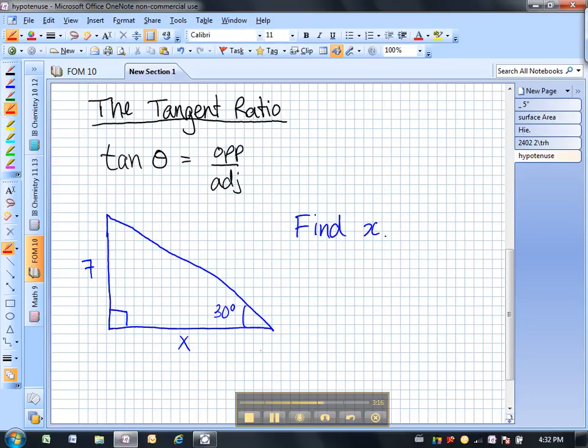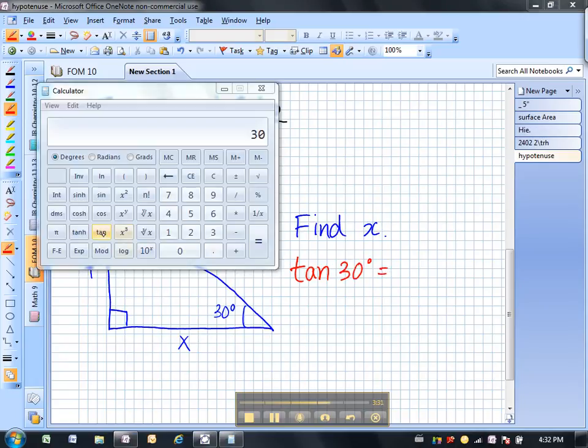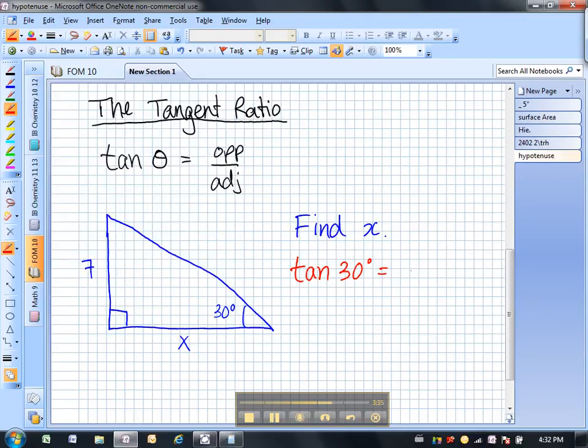Okay, so to find x, we can use that tangent ratio because we know that the tangent of 30 degrees, from using our calculator, hit the tan button, is 0.5773. And I wouldn't even write it down like that. You're going to leave it in your calculator when you do this. I'm just writing it down for your benefit.